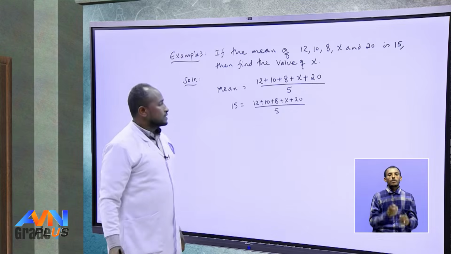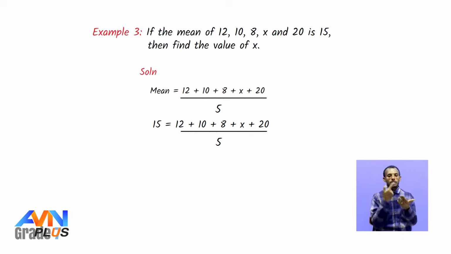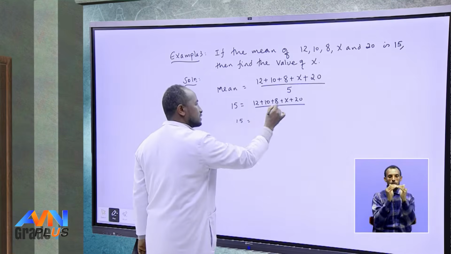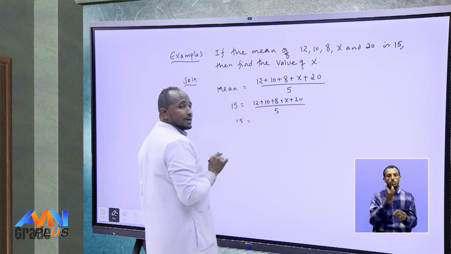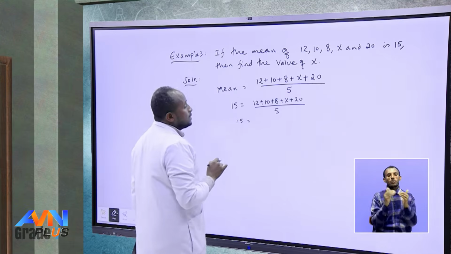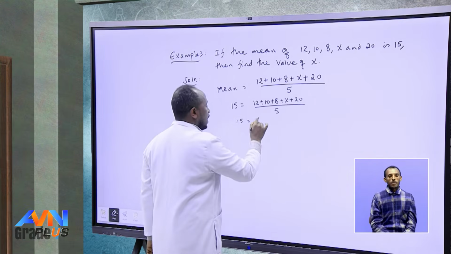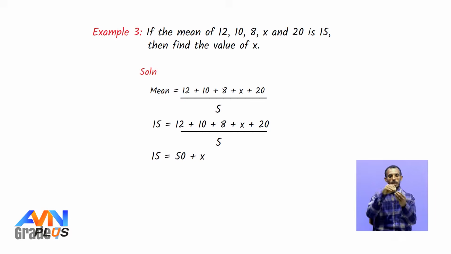To solve this, first let's simplify. You have 15 is equal to, let's add: 12 plus 10 is 22, 22 plus 8 is 30, 30 and 20 is 50. Therefore you have 50 plus x divided by 5.